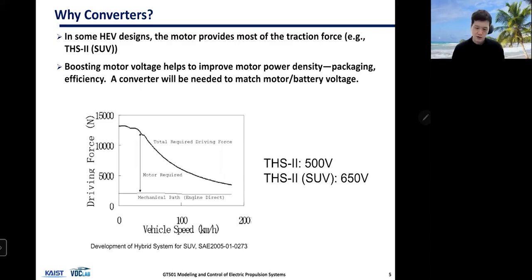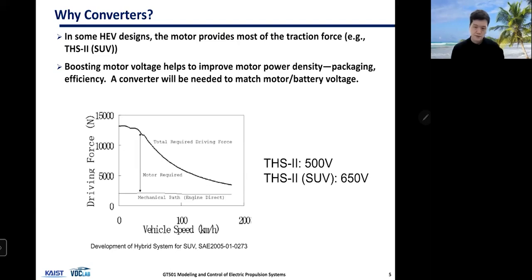We will talk a little bit about that in the battery section, but here, let's say we have limited voltage from the battery, and we need to amplify voltage for the motor. And plus, you may have accessories or other electronic components that use 12 volt or 48 volt devices, and you need to be able to change voltages for those devices.